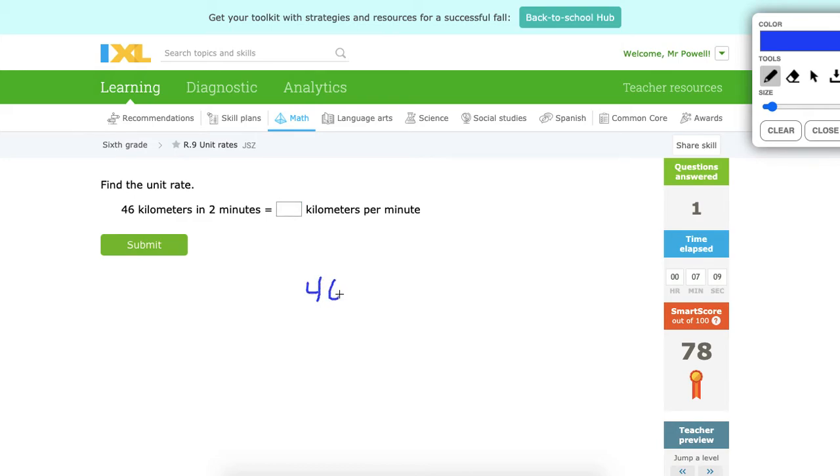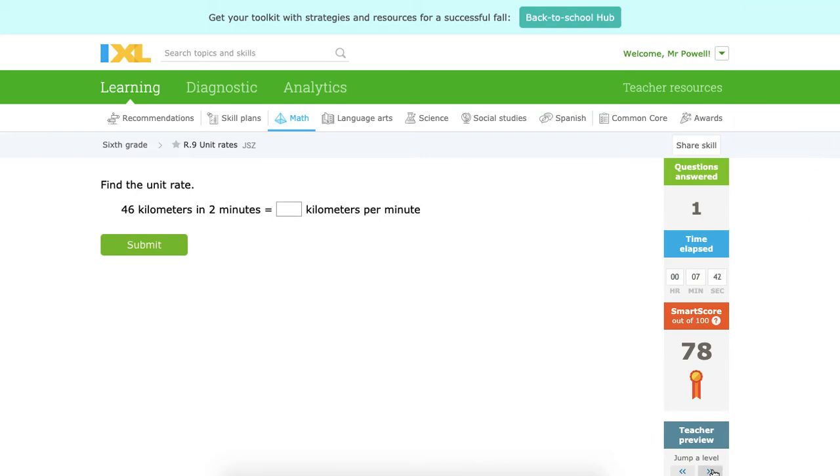So 2 goes in there 2 times, which is 4. Then 0, bring our 6 down. That's going to go in there 3 times exactly. So we end up with 23 is what we'd type in there. Kilometers per minute just means the kilometers divided by the number of minutes. Then you'd put 23 in there for that one.